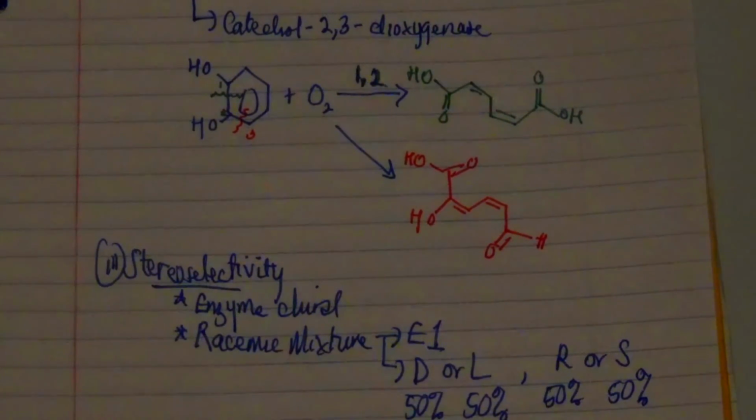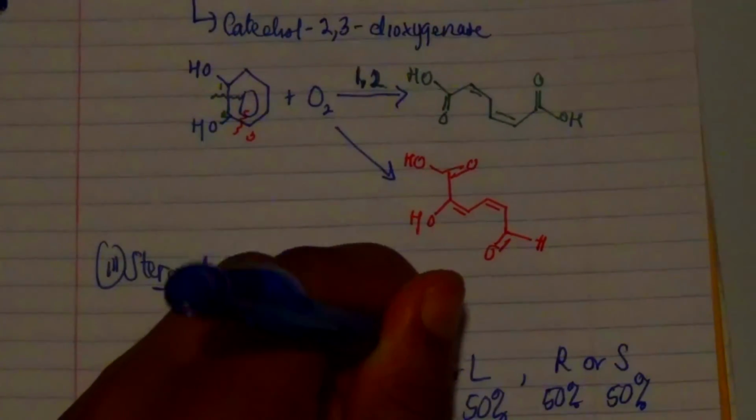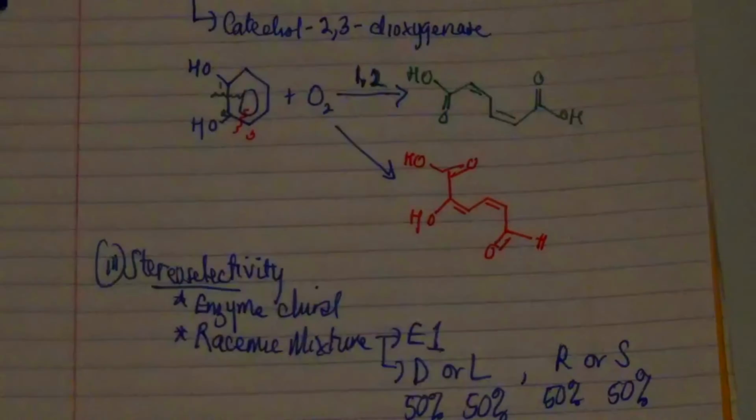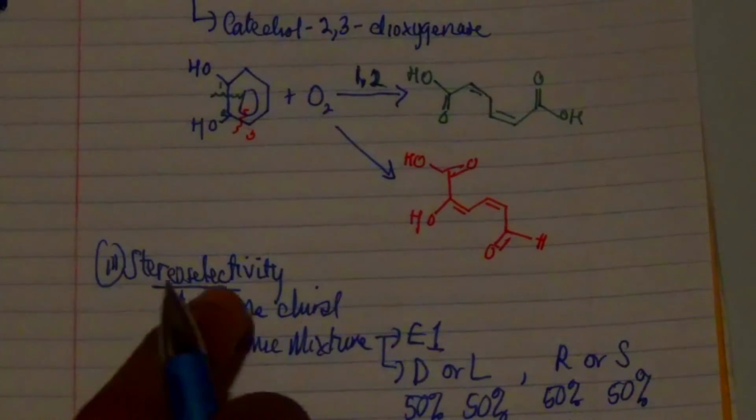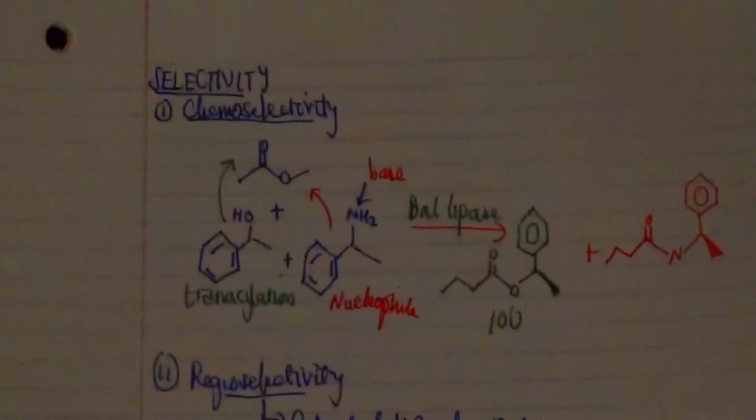However, the presence of an enzyme focuses on one particular enantiomer and actually reacts with it, because enzymes are chiral. Now, let's look at an example of this particular case. One example of an enzyme that performs this process is called D-amino acid oxidase.